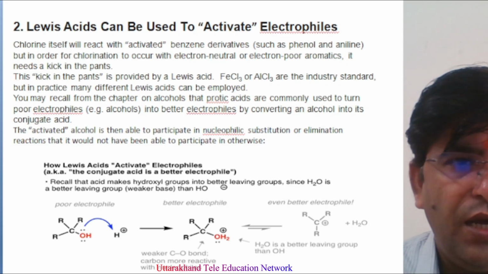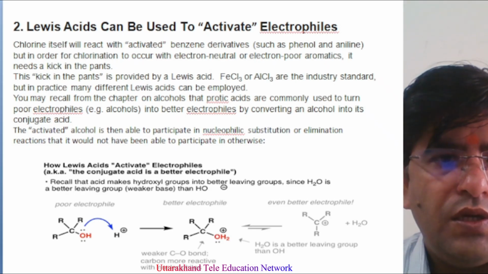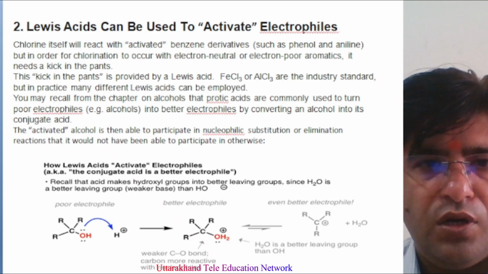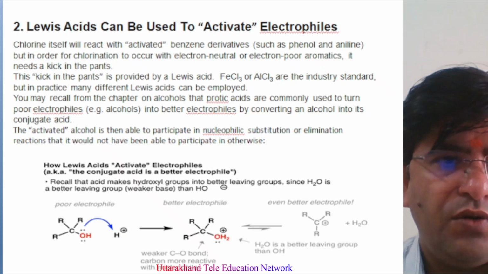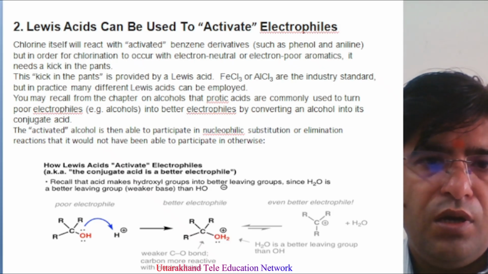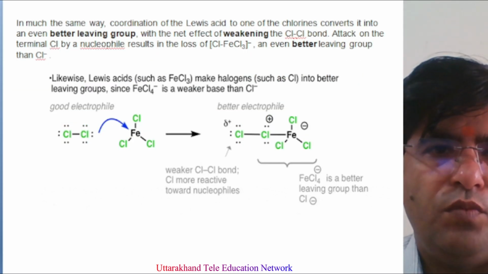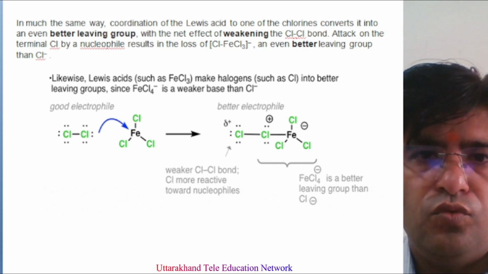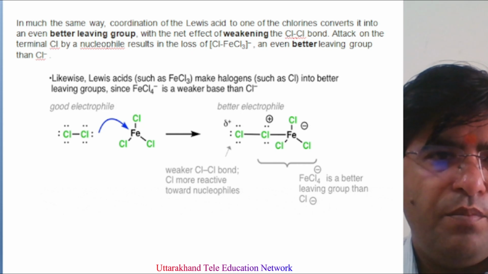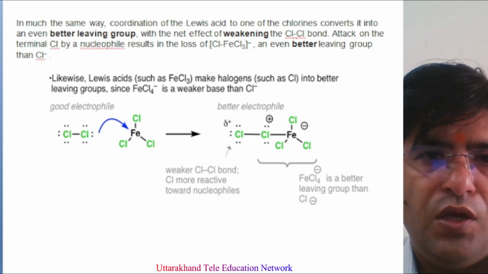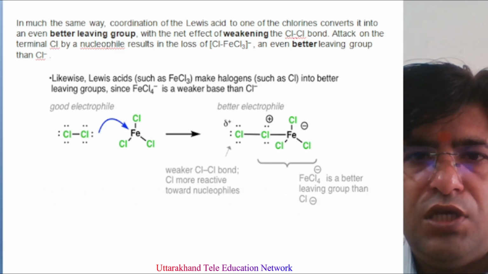The activated alcohol is then able to participate in nucleophilic substitution or elimination reactions that it would not have been able to participate in otherwise. In much the same way, the coordination of the Lewis acid to one of the chlorines converts it into an even better leaving group, with the net effect of weakening the C-Cl bond.